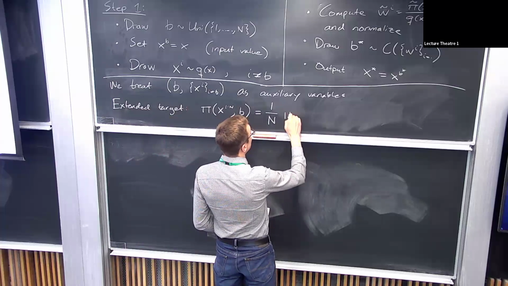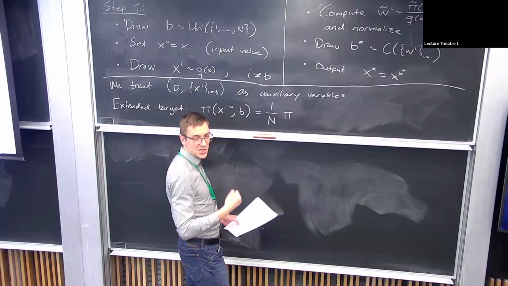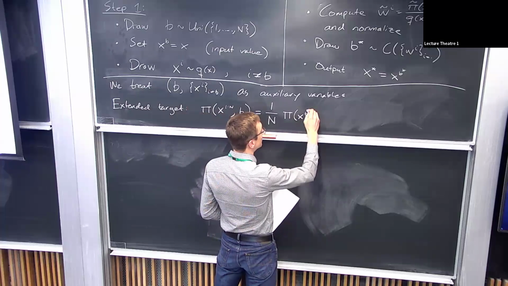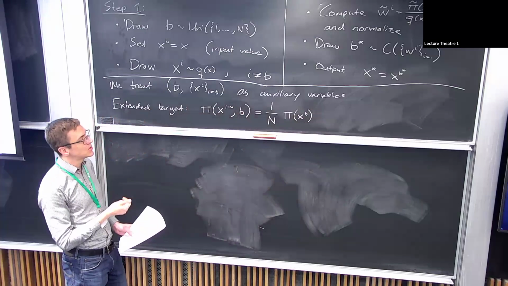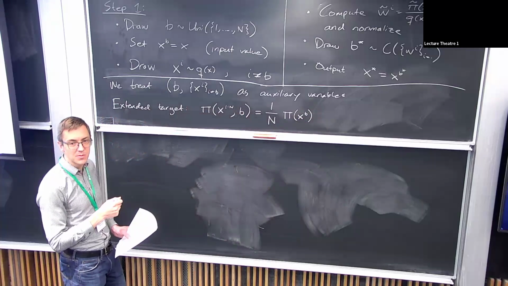And then I have a conditional distribution over x_b, conditionally on the value of b. And I say that conditionally on b, the bth coordinate should be distributed according to the original target of interest.